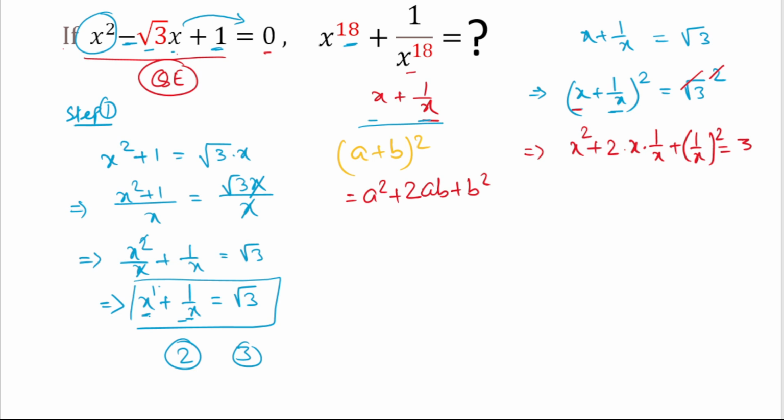Now we'll simplify this expression. Here x and 1 over x get cancelled, so in the left hand side it is x square plus 2 and 1 over x square.